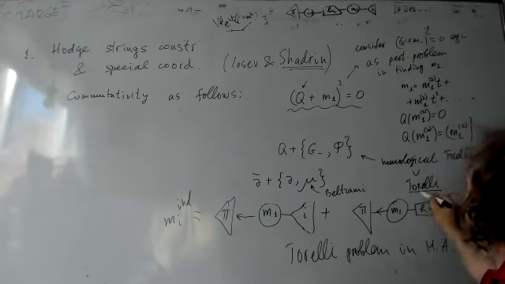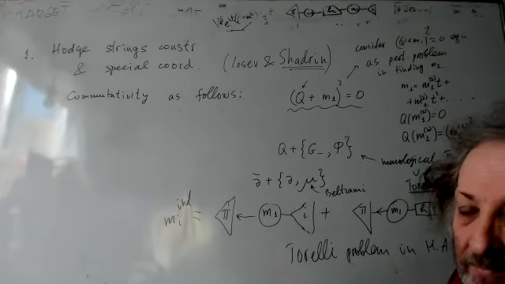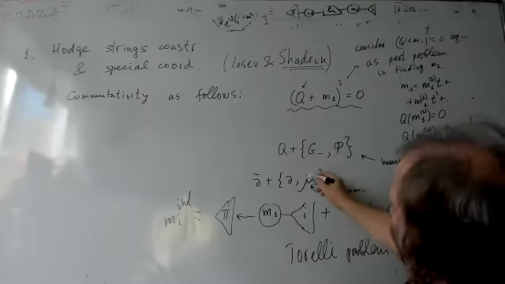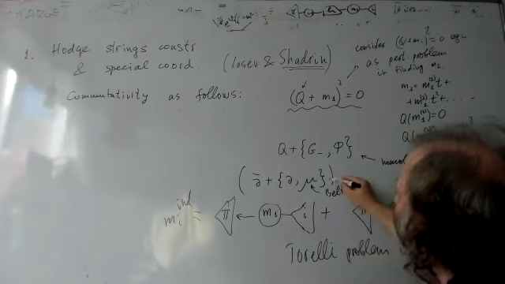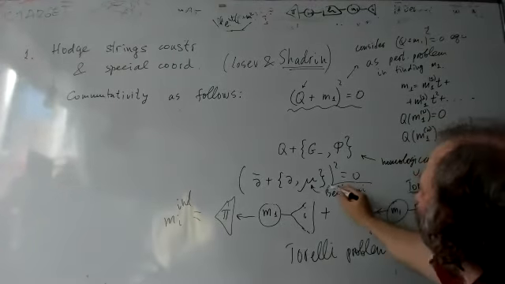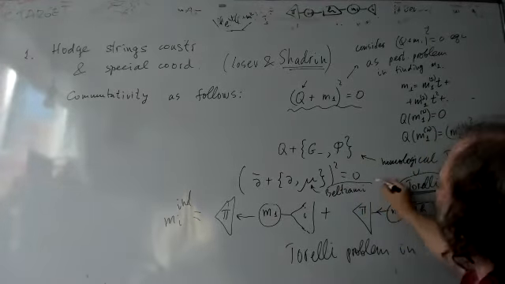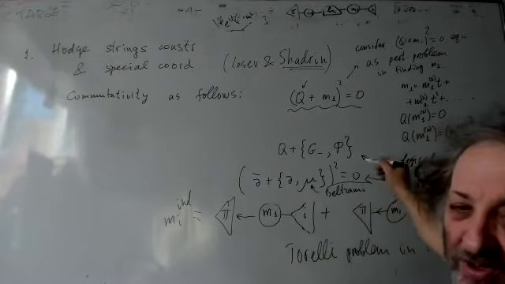So the old Torelli problem was the problem of finding such a Beltrami differential that this thing squares to zero. So this is the Torelli problem. D bar plus mu d squares to zero.